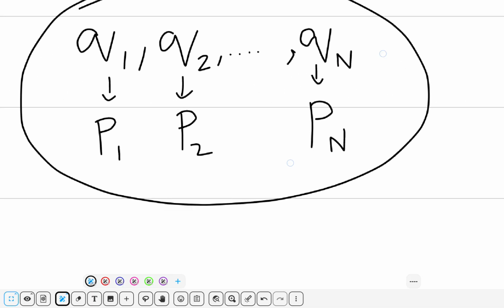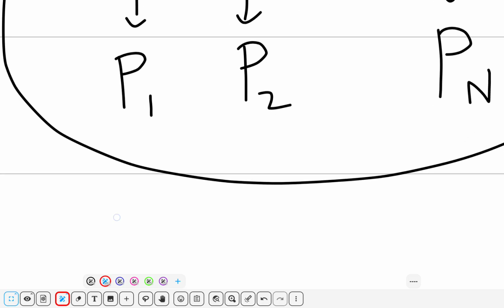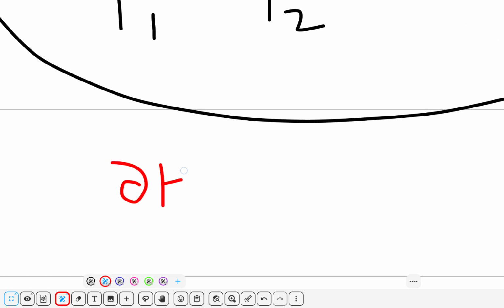All of this comes in very good compact equations.